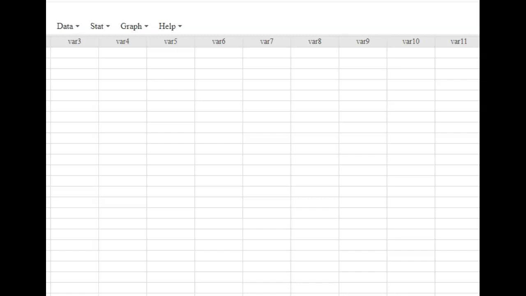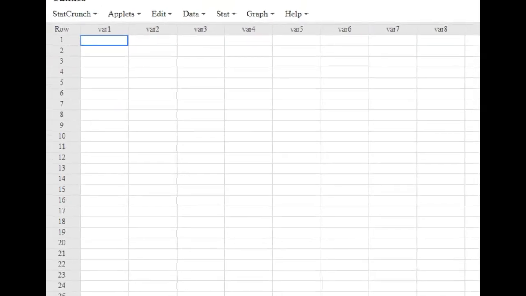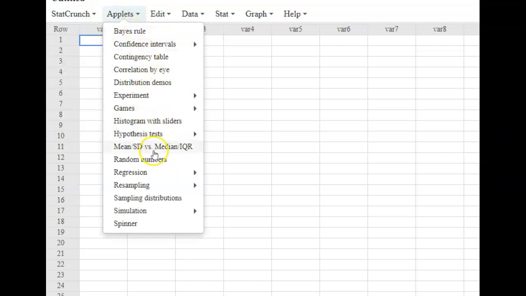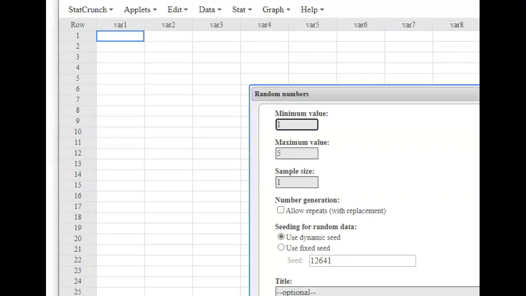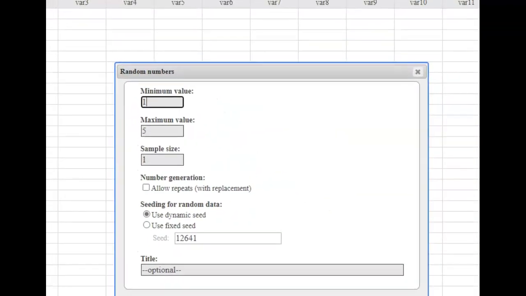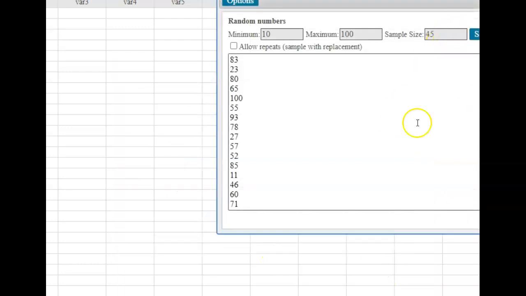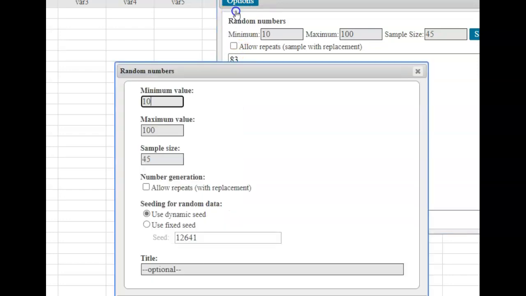So I can simulate some grades with StatCrunch. Let's go to StatCrunch applets and do random numbers. I'm going to generate 45 grades, where the minimum grade is 10 and the maximum grade is 100.